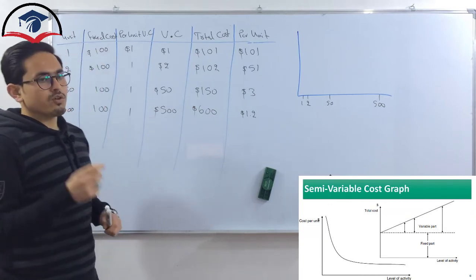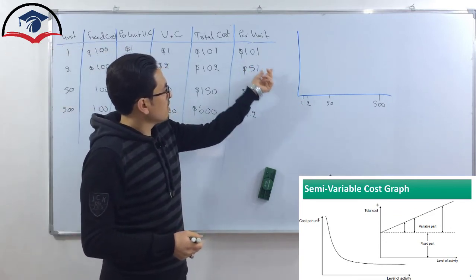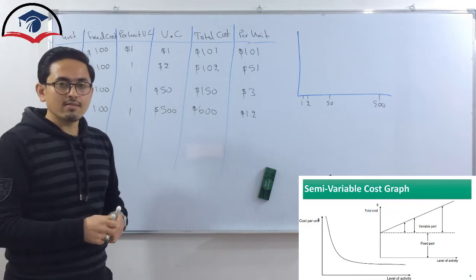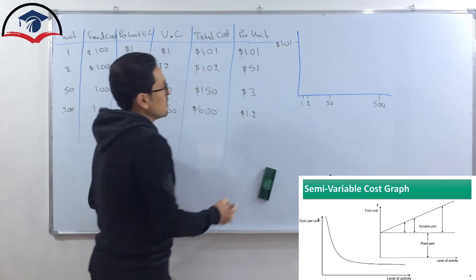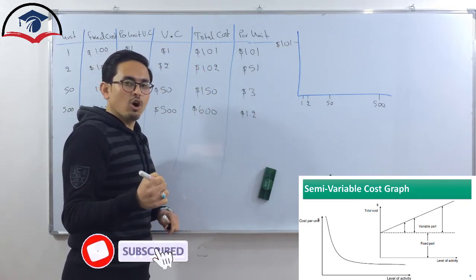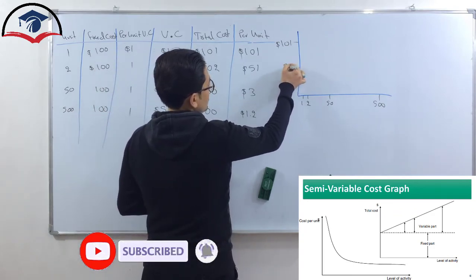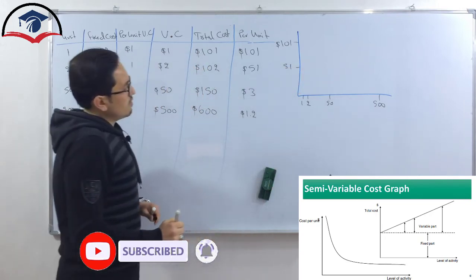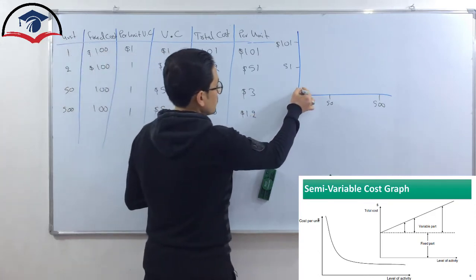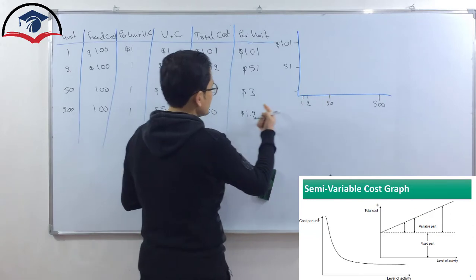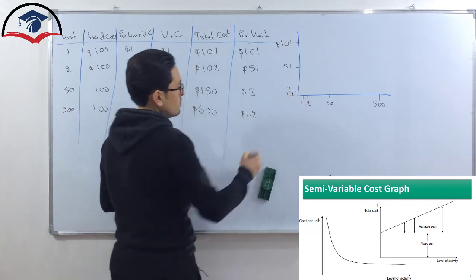But for the per unit basis, what was my cost per unit when the level of activity was 1 minute? It was 101. Suppose 101 is here, dollar. And what was my per unit cost when the level of activity was 2? It was 51. We believe 51 is here. What was the cost per unit when the activity was 50? Suppose 3, and 3 is here, we believe, and 1.2 is here.